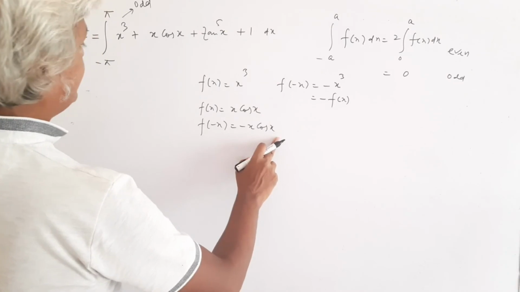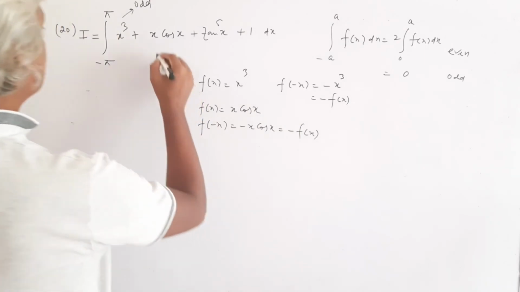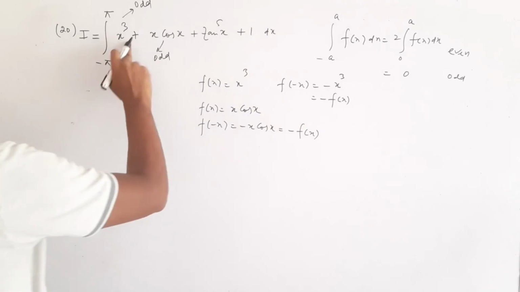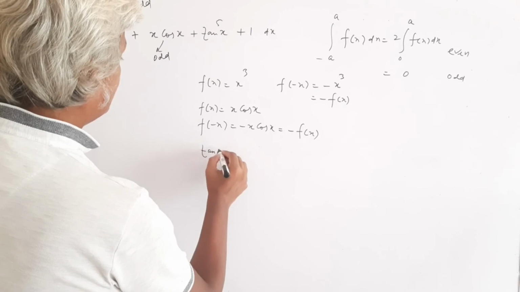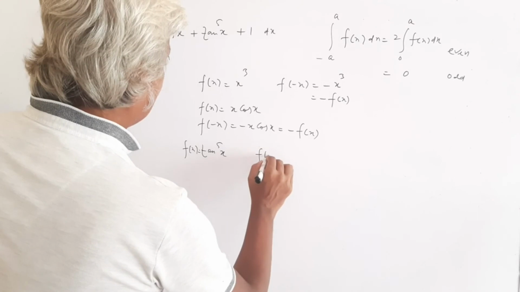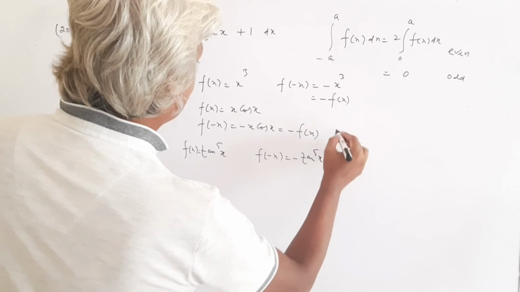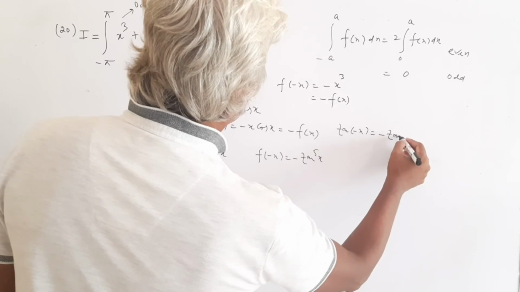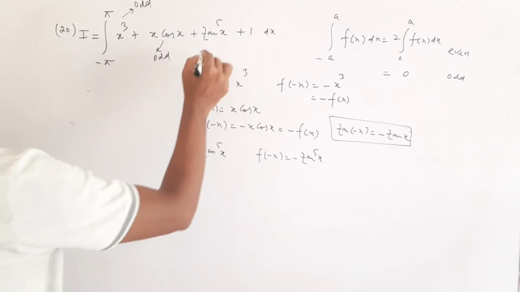So this is just minus f(x), means this is also an odd function. So for odd functions, remember, integrals are 0. So this is 0, this is 0. Now tan to the power 5 x, this is also odd. So f of minus x is minus tan to the power 5 x, because tan of minus x is minus tan x. So this is also odd.